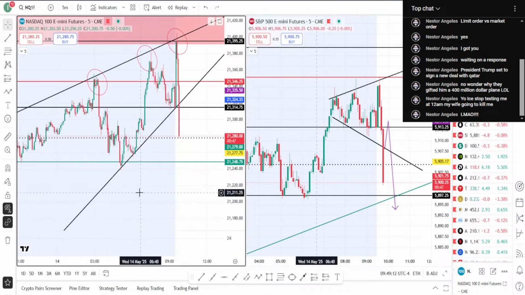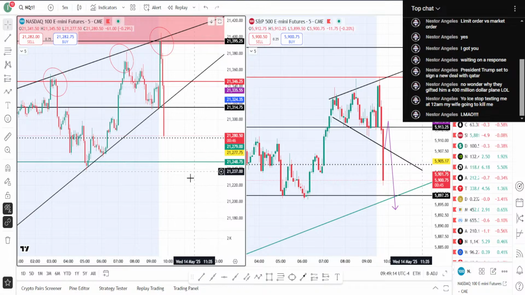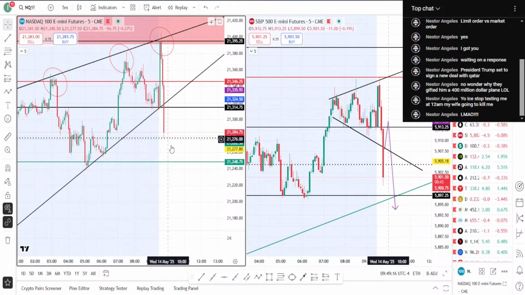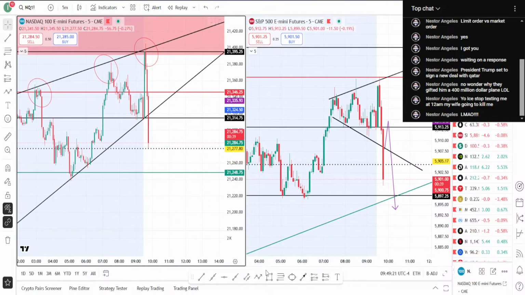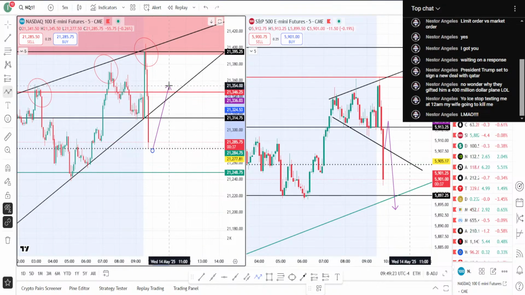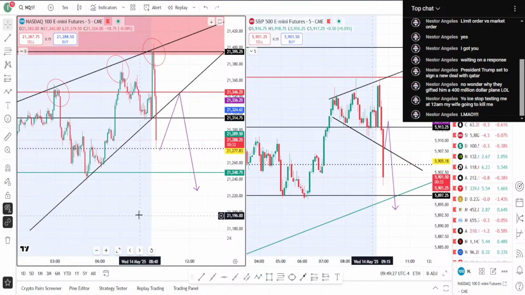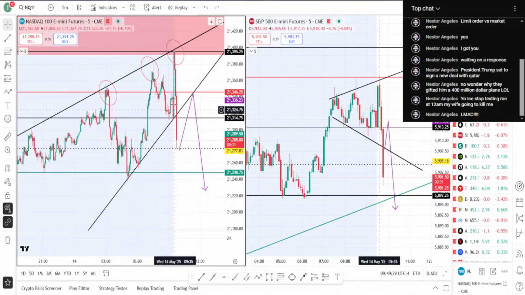I'm gonna wait until we find some kind of lower high here. I'm not gonna chase. I'm gonna attract. I want to attract a lower high. Instead of chasing, don't chase.